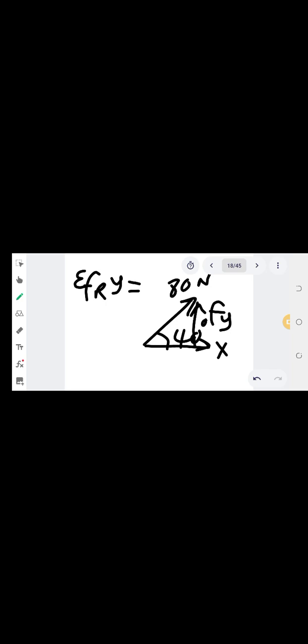To come up with Fy, we know that this is the opposite, so the trig ratio applicable there is the sine ratio. So it is 80 sine 40. Now where is it pointing? It is pointing in the positive direction, so there is no need to add a negative there.